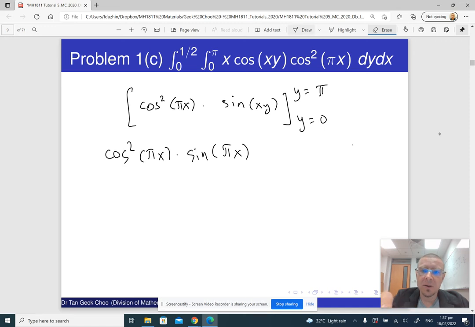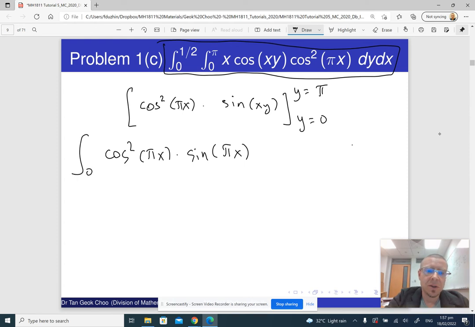Now the full integral here is this expression integrated from 0 to 1/2 with respect to x. All right. And again, notice that this part, sine of pi x, is really the derivative of cosine, right?